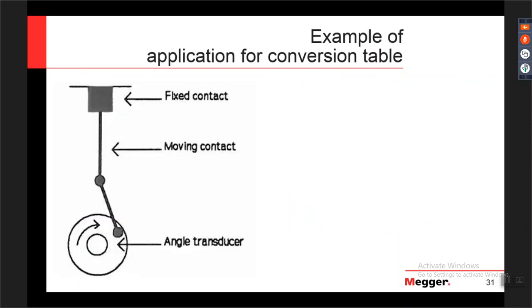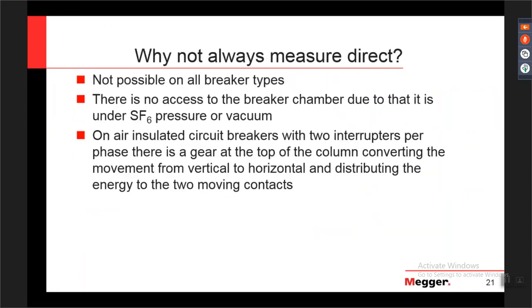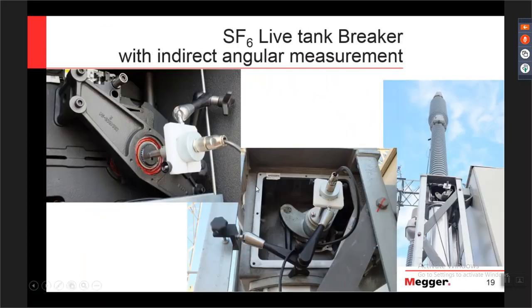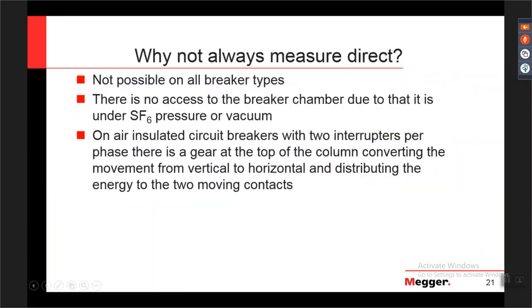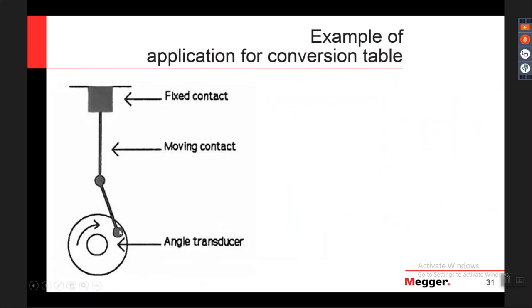So this is a common example. It's basically what you had in, let's see here, this picture. You have your motion transducer here in the middle, and the rod goes up here, up in the column. So that's basically what you saw here.